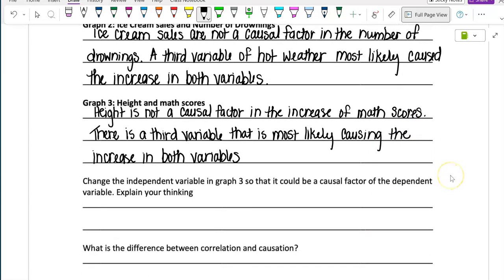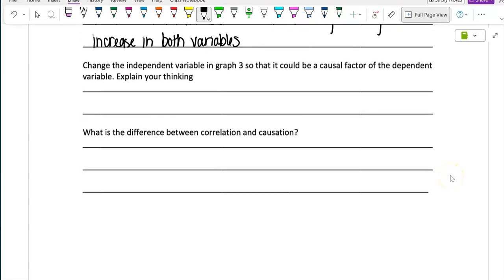So on that third scenario, the height and the math scores, the height was the independent variable. But what could we change the independent variable to that could be a causal factor of the test scores going up? What do we think could be causing both height and test scores to be increasing at the elementary school level?